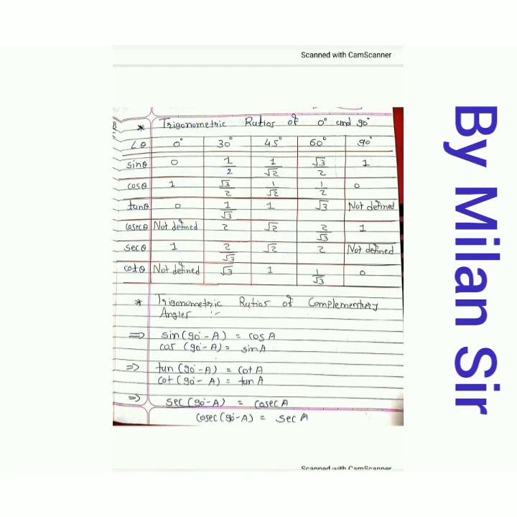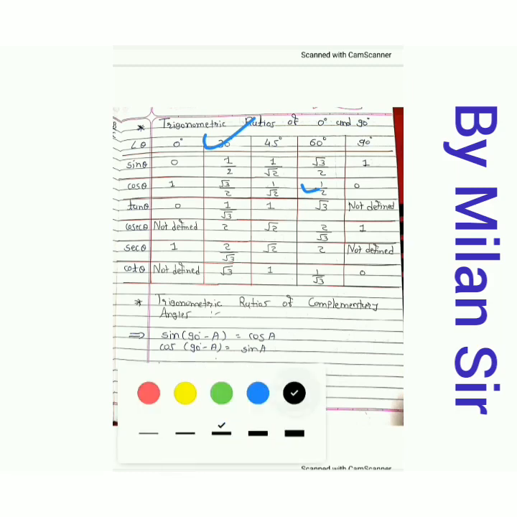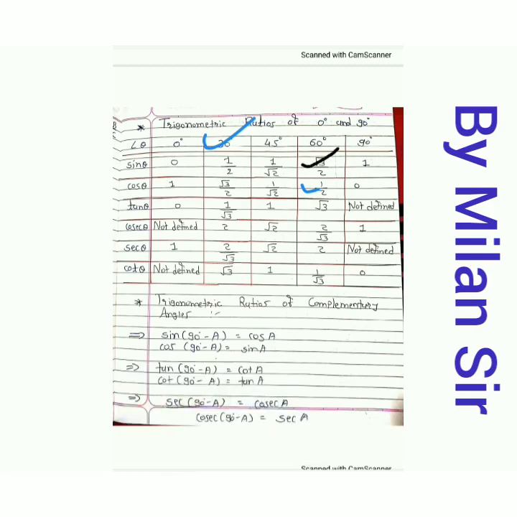Now look at the value of sin 30 and cos 60, and it is the same, right? And second thing, just see the value of sin 60 and cos 30, it is the same because sin theta and cos theta are complementary functions.